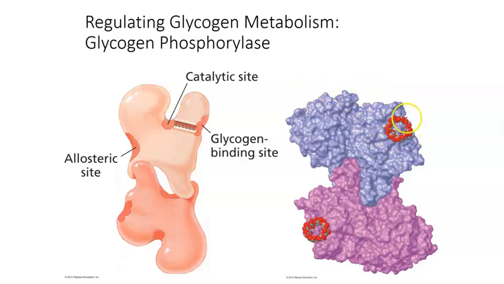There's an actual glycogen binding site and the catalytic site in here. So it's partially processive. Unlike glycogen synthase, it quickly activates that breakdown, the phosphorylation and breaking down of glucose. There's a catalytic site here, and then we can also have glycogen that binds here as well.